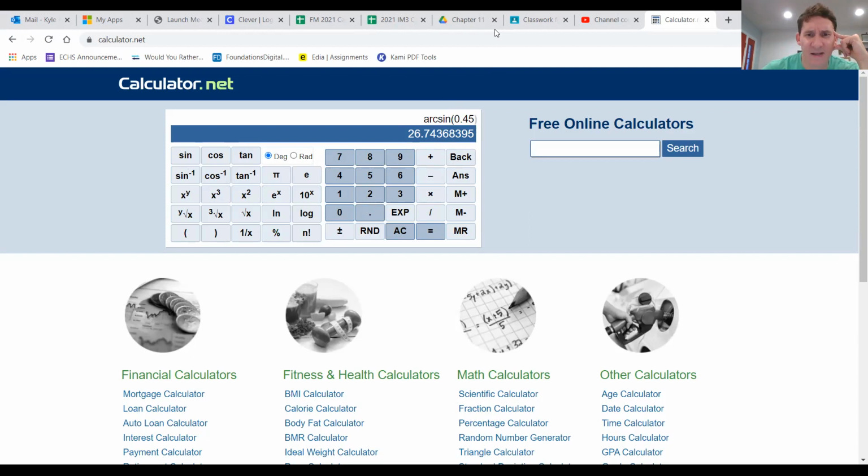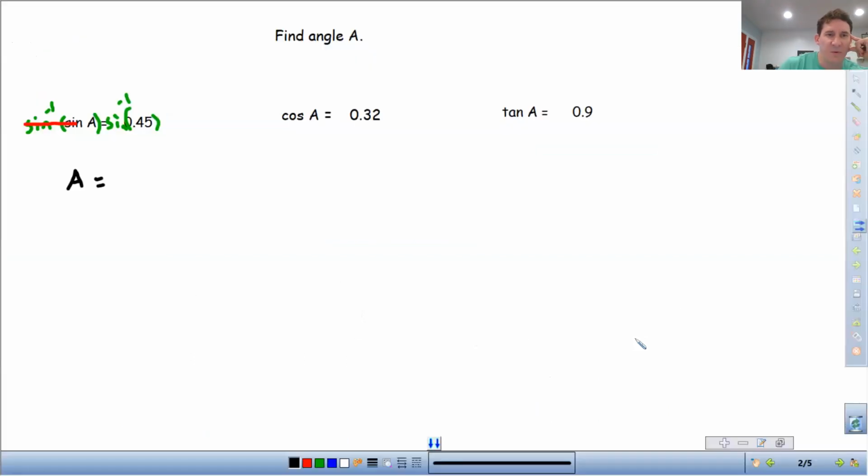If you need help finding that button on your calculator, I'll help you out in class.